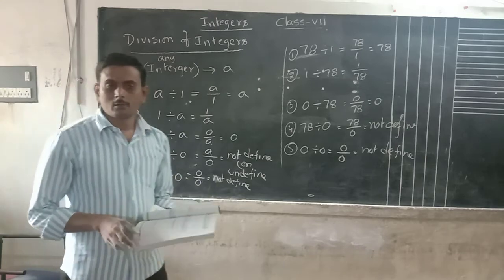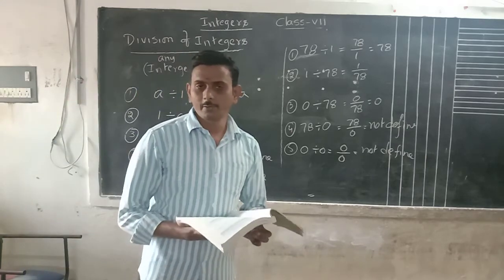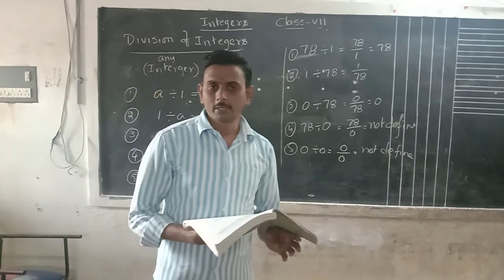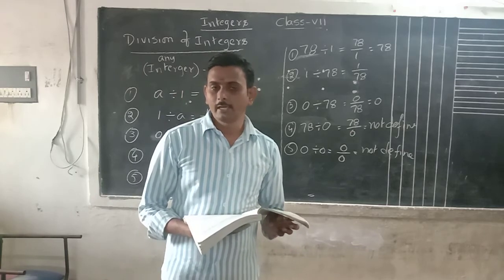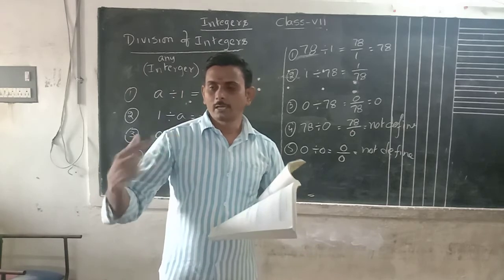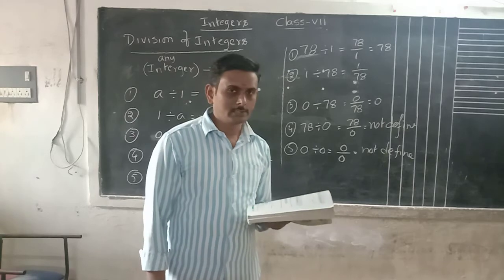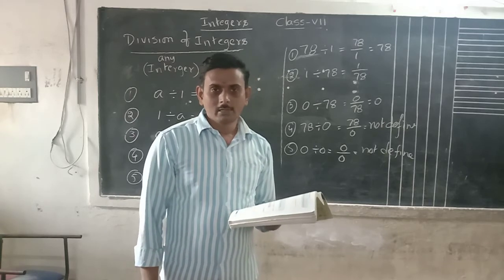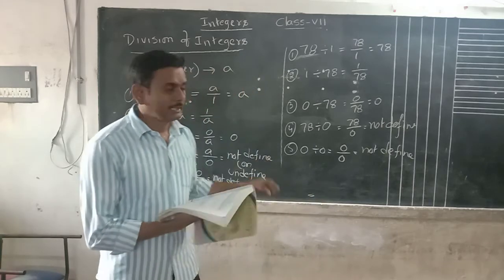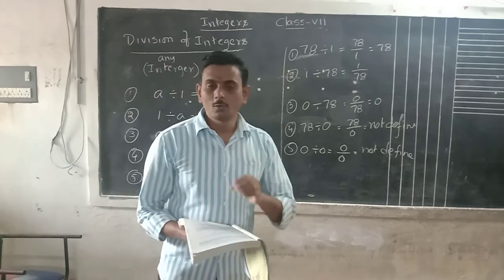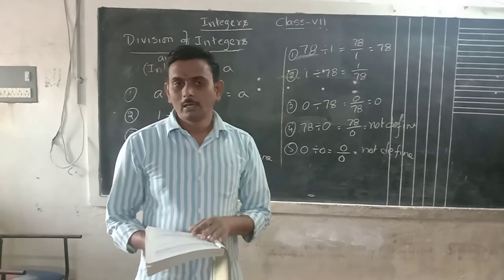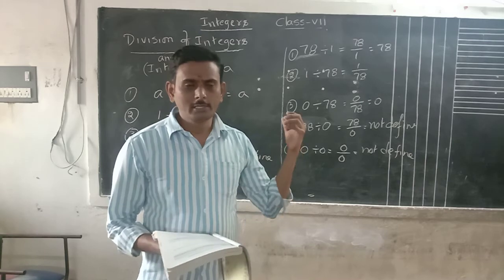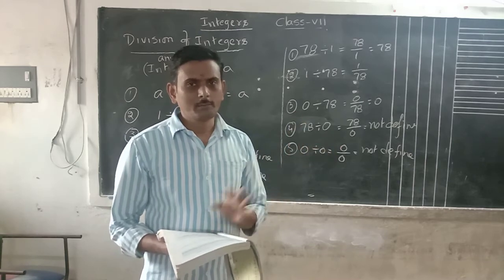If you consider the properties, closure, commutative, associative, identity, inverse, any property related to the integers, according to the division symbol no property will follow, because only integers means there is no denominator.